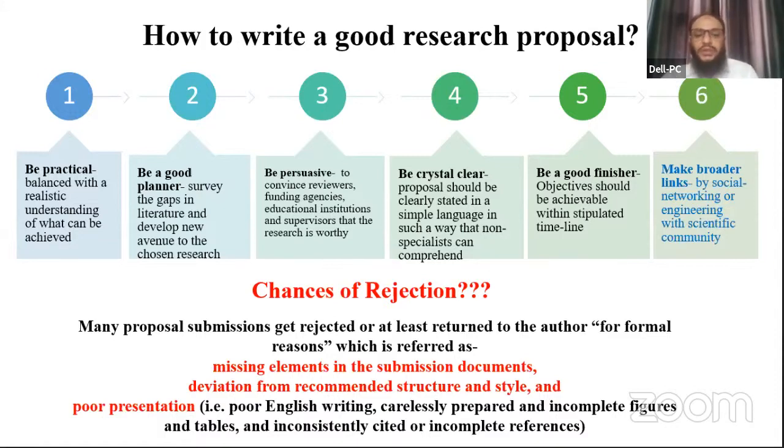Poor presentation may be due to poor English writing, carelessly prepared and incomplete figures and tables, and inconsistently cited or incomplete references. Poor presentation is the most important factor which amplifies the chances of rejection.